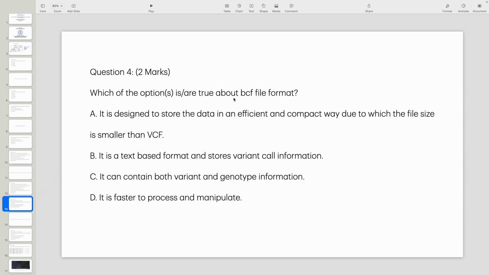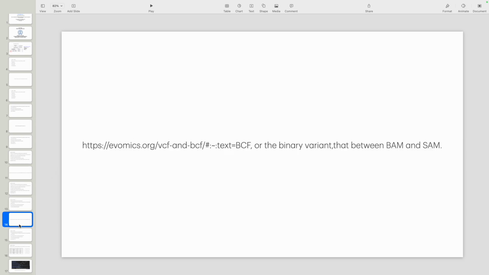Is there any other option that might be correct for this question? Okay, so we'll look into it. Again, we'll go into the site.